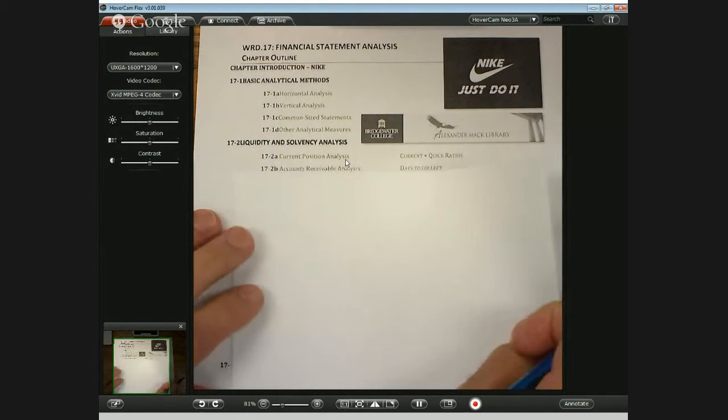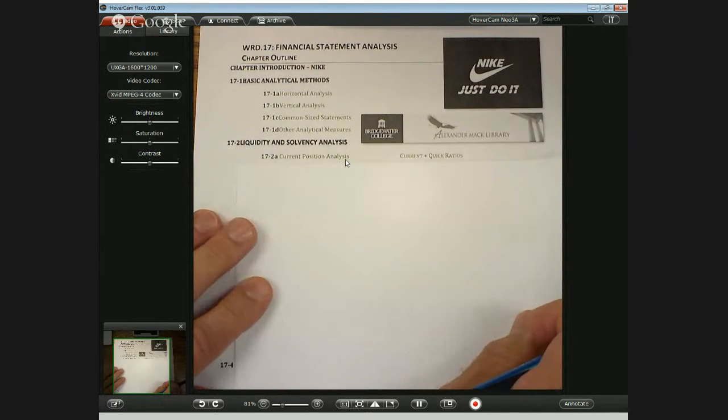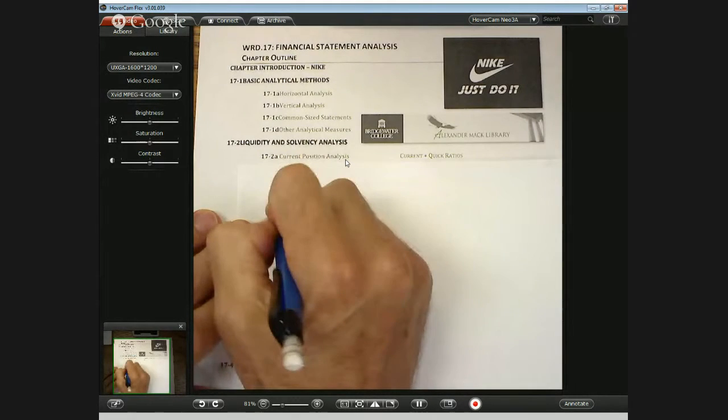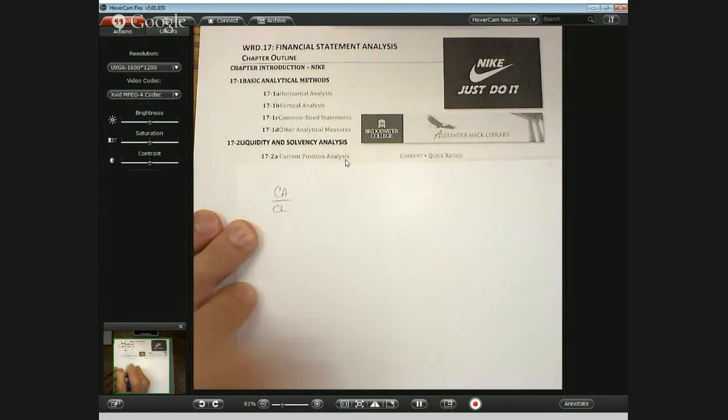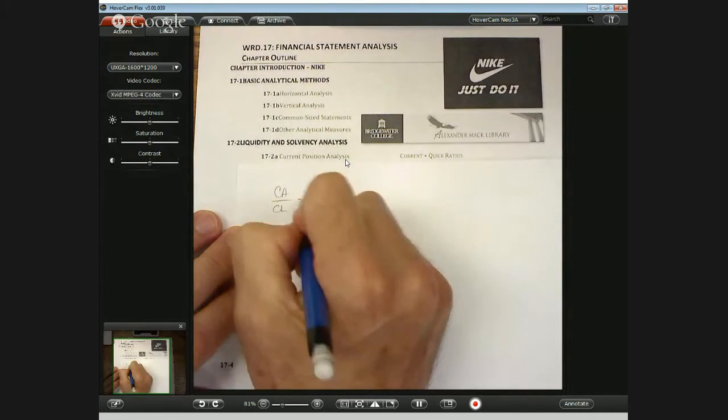Well, it is a fraction. So let's take the current ratio as an example. The current ratio is a ratio of the balance sheet's current assets to the current liabilities.